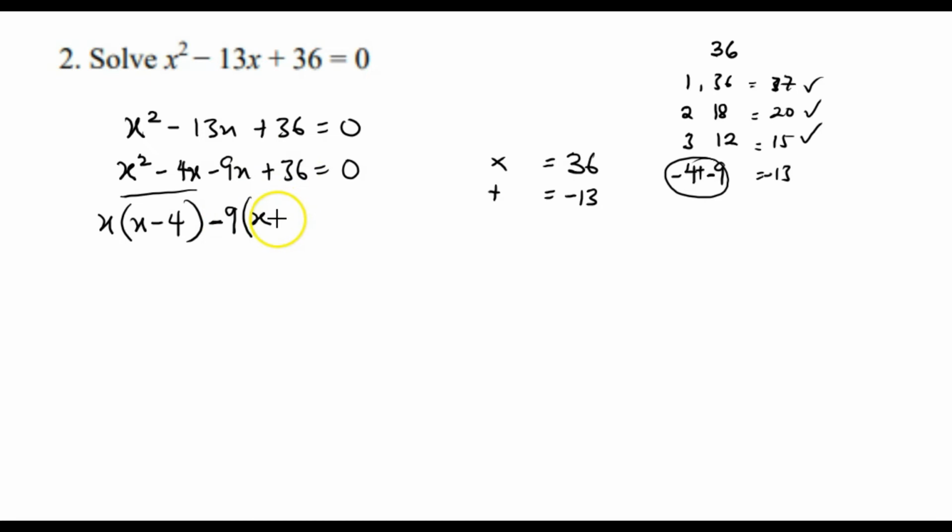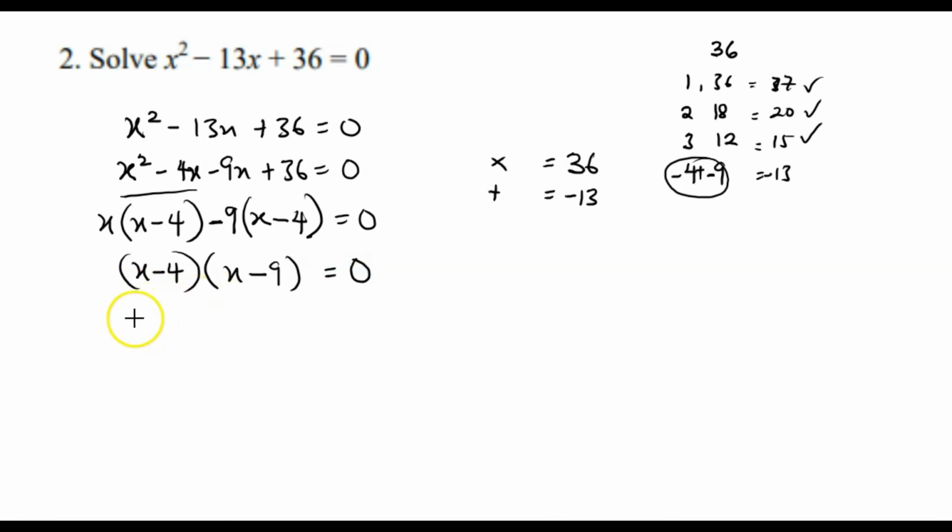That should be negative 4, and we equate it to 0. So on this line, we have 2 terms at the left hand side, so we can factorize easily, and the common factor between the two of them is x minus 4, and the other factor will be x minus 9, and we equate them to 0.